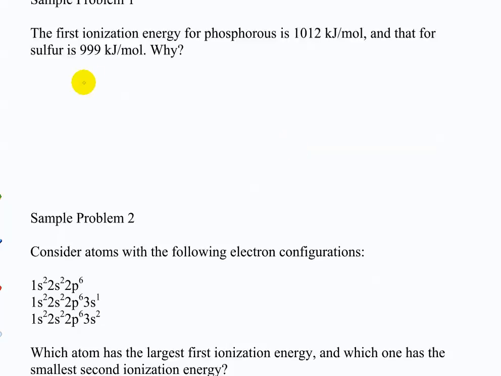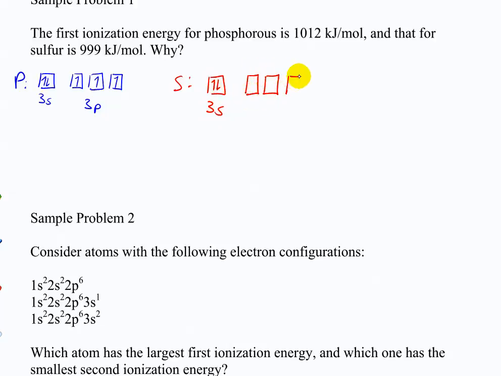So let's try it out here. Let's use the boxes. For phosphorus, that's in the 3rd row. We've got 2 electrons in the 3s and 3 electrons in the 3p. And they're going to be spaced out like this. Okay? Then for sulfur, we have 2 electrons in the 3s and 4 electrons in the 3p.